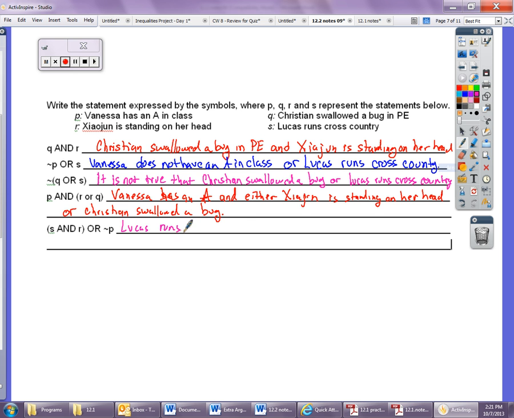Lucas runs cross country and Jayoon is standing on her head, or Vanessa doesn't have an A. Not P: Vanessa has an A, so not P means Vanessa does not have an A. And that is our little exploration with and, or, and not in logic.